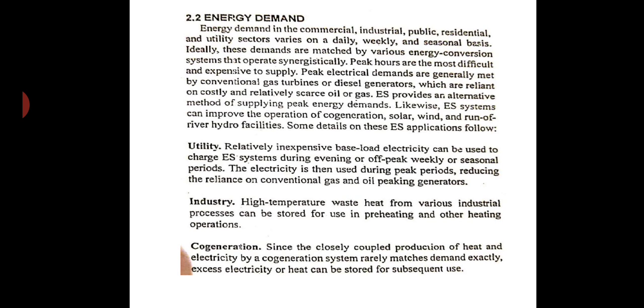They produce sugar, and after crushing the sugar cane, whatever solid material remains, they call it bagasse. That bagasse is dried and then burnt in a boiler so that they produce steam, and using a Rankine cycle they produce electricity. This is known as cogeneration, that is, heat as well as electricity.